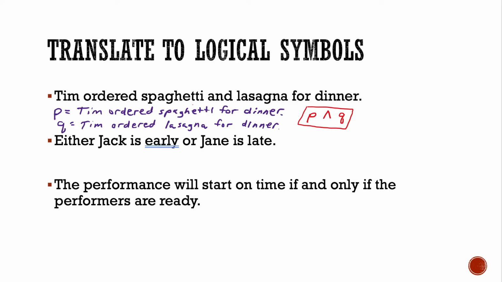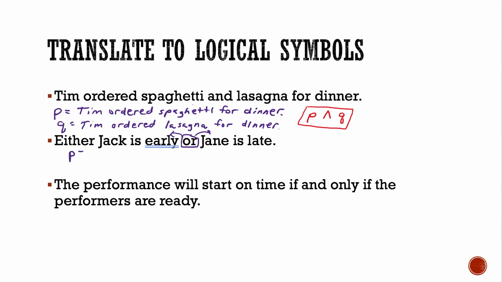All right, so let's go ahead and go to the next one. The next one says either Jack is early or Jane is late. Again, identify your connective first. So the connective is the or. Remember that to the left you should find one simple statement, and to the right you'll find the second one, typically. All right, so let's go ahead and write them out.